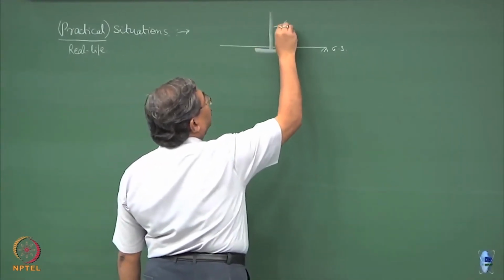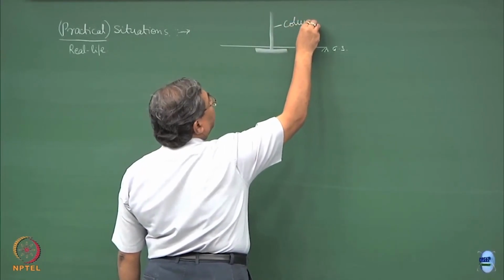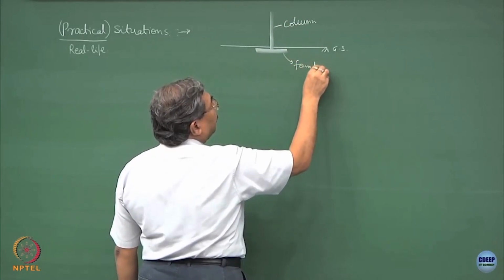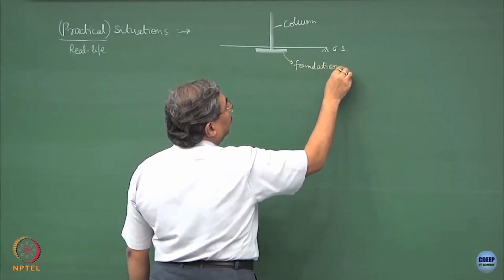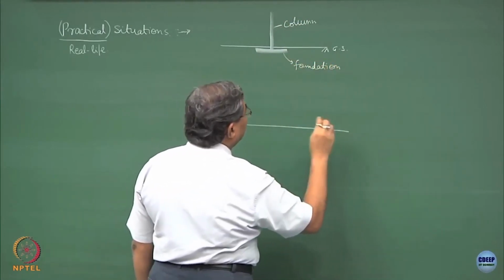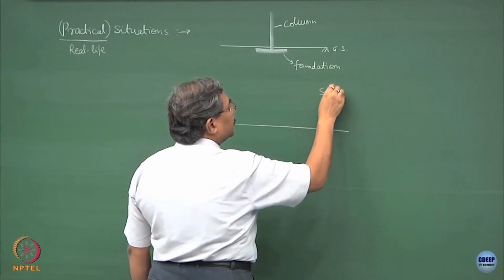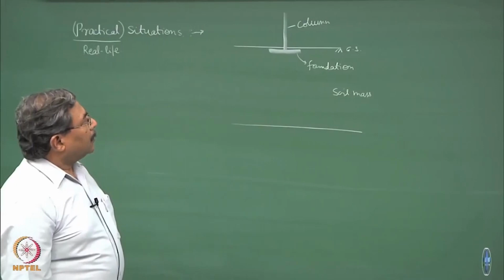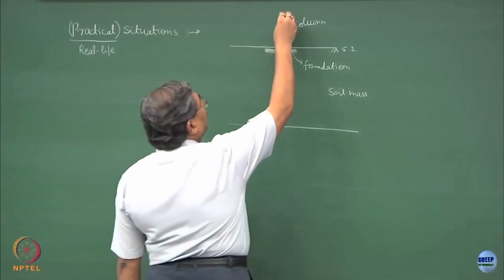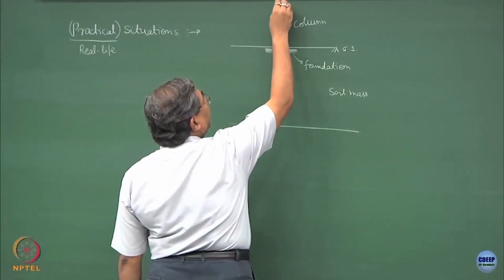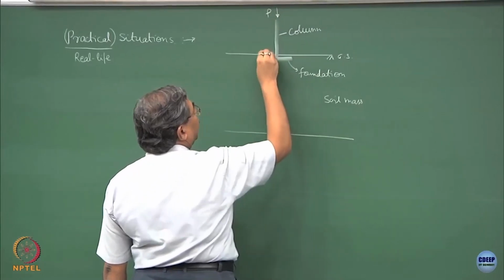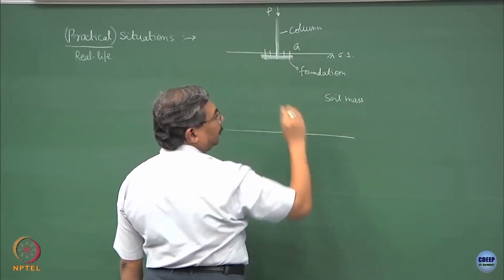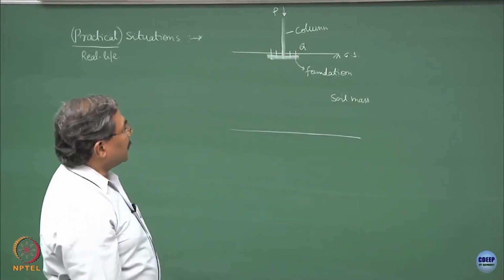So this is the column and this is the foundation, and this happens to be the soil mass. It is understood that this column is going to take load P, and hence the footing is going to transmit a pressure Q on the soil mass.